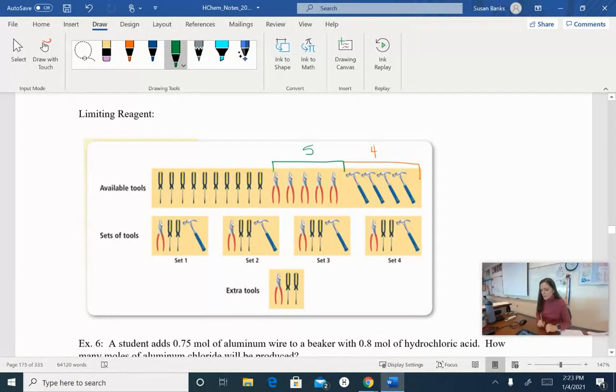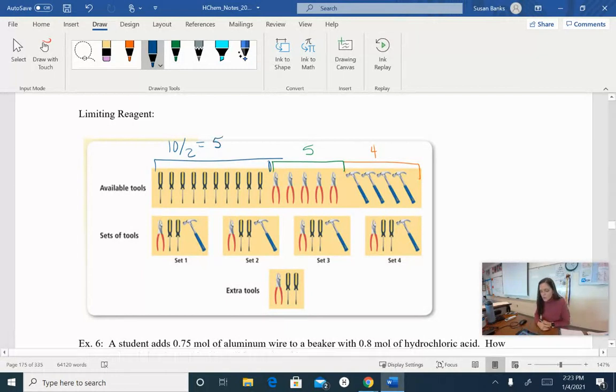And if I look at my screwdrivers, I have 10, and I wanted 2 screwdrivers in each kit, so that allows me to make 5 kits. So with my hammers, I can make 4 kits; with my pliers, 5 kits; and with my screwdrivers, 5 kits.